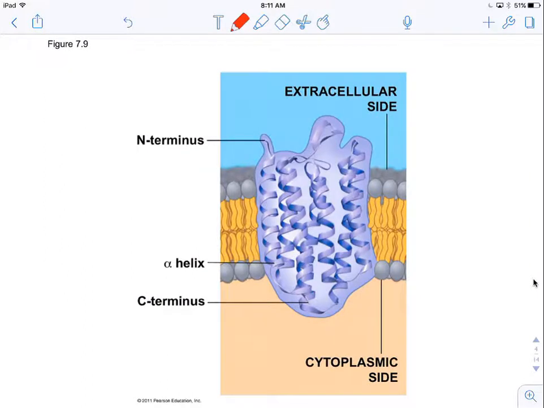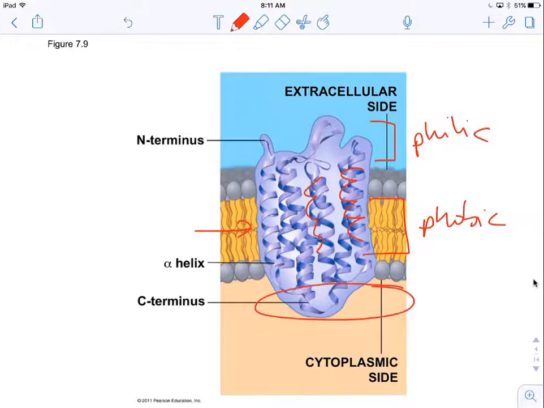And here, if you look, this area of the protein would be hydrophilic. I'm just going to write philic. This area in here, hydrophobic. A lot of these alpha helices will be stretches of nonpolar amino acids, so they can live in the nonpolar region of the plasma membrane, and then this area would be polar and hydrophilic.